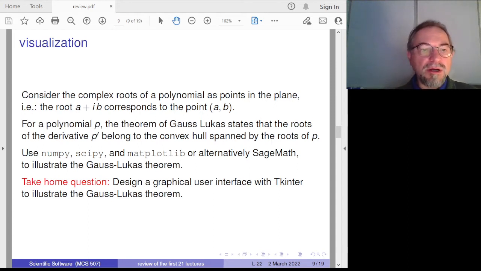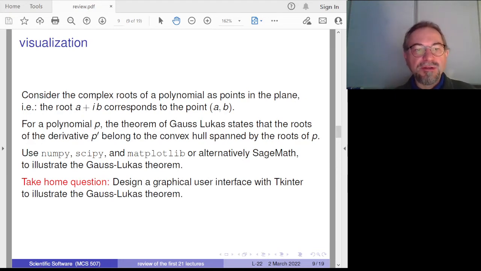In the take-home question, and it's actually a design question, so if you can build your GUI, much better, but think about, and I would like to see some code, at least a layout, of a graphical user interface that would essentially draw the polygon on canvas. And probably I forgot to state the main point here of the theorem of Gauss-Lucas, and that is that the roots of the derivative are inside the convex hull spanned by the roots of the polynomial.